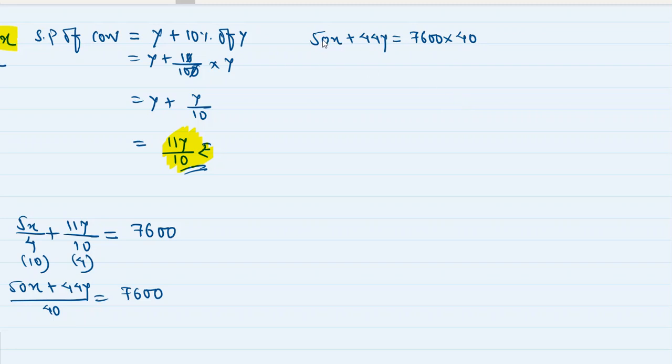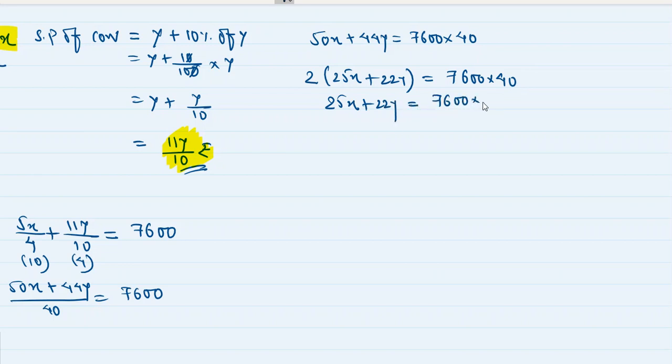Okay, now what will we take out common from these two? Let's take out 2 common. So 2 bracket 25x plus 22y is equal to 7600 multiplied by 40. So 25x plus 22y is equal to 7600 multiplied by 40, the whole upon 2.